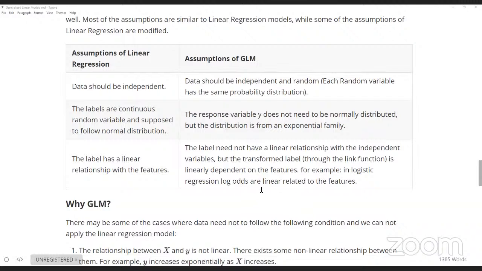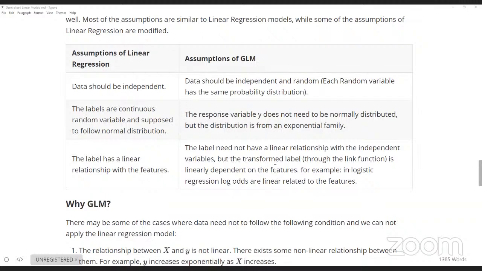Can GLM also be told that, since we do polynomial regression and then come back again to linear regression, that can also be classified as a GLM? Yes, all of these are actually standard cases of GLM. Here all these assumptions are followed by linear regression as well. First is clear. Second, the distribution comes from the exponential family, and in linear regression it is normal, so it is part of the GLM assumption.